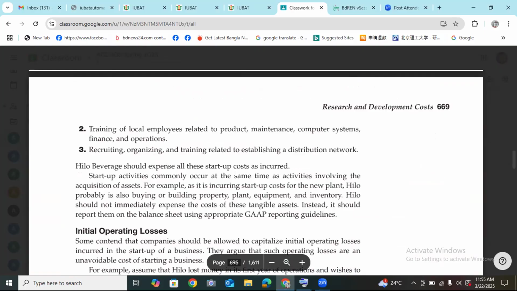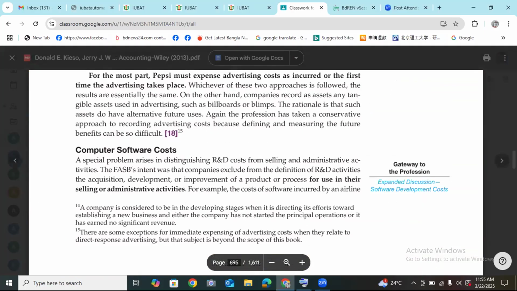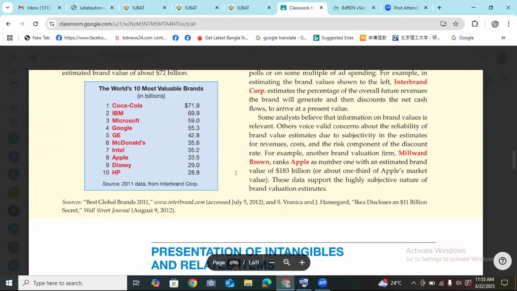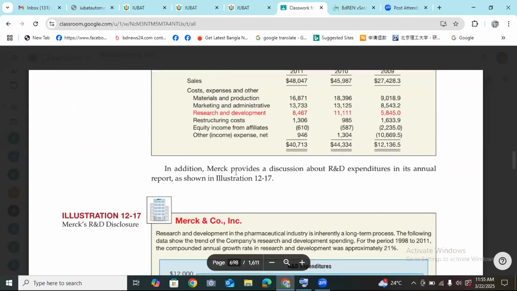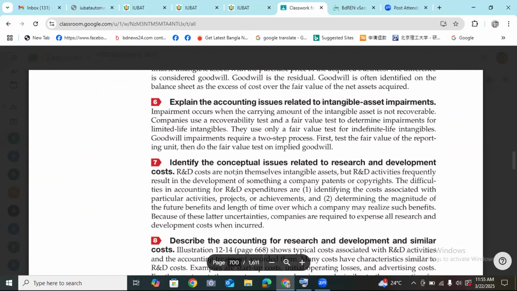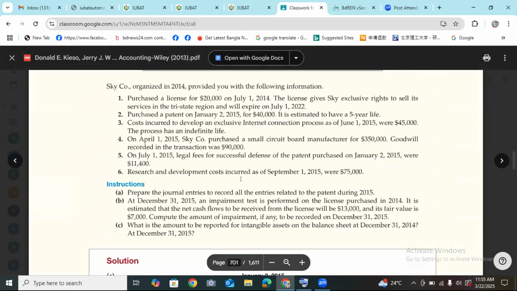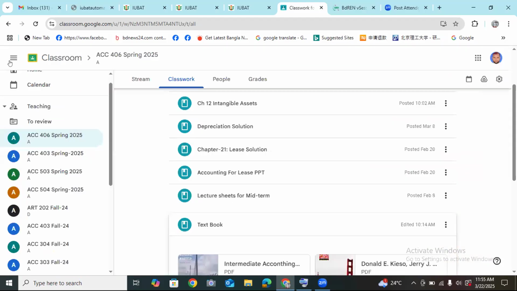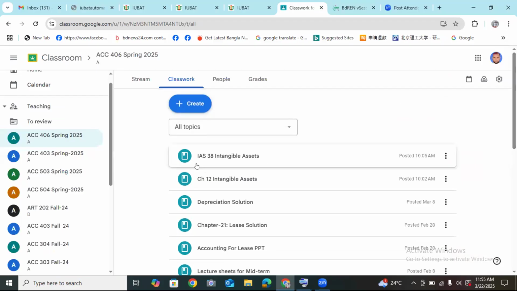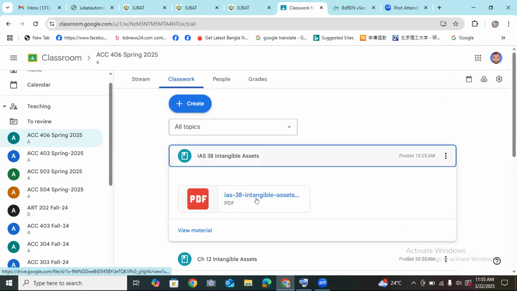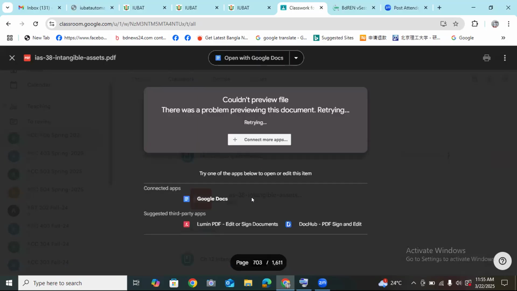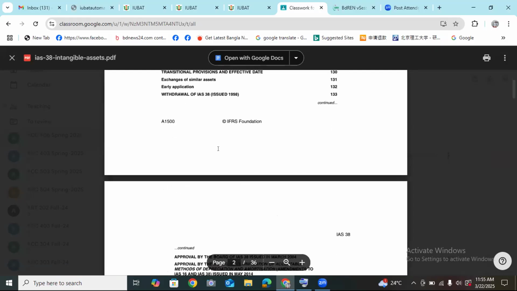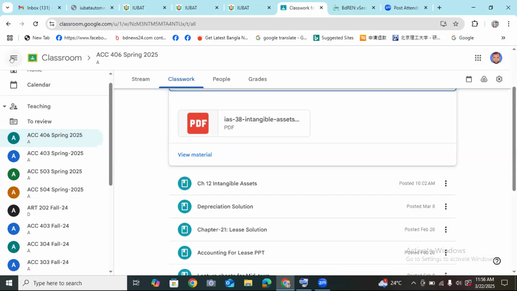So we need another class for theory also, because we have to learn about goodwill, research and development. Then we'll do some problems from the exercise and from this demonstration problem here. And you can learn more from ICE 38 intangible asset. I already gave you the PDF ICE 38. You can read it. Okay, thank you everybody.